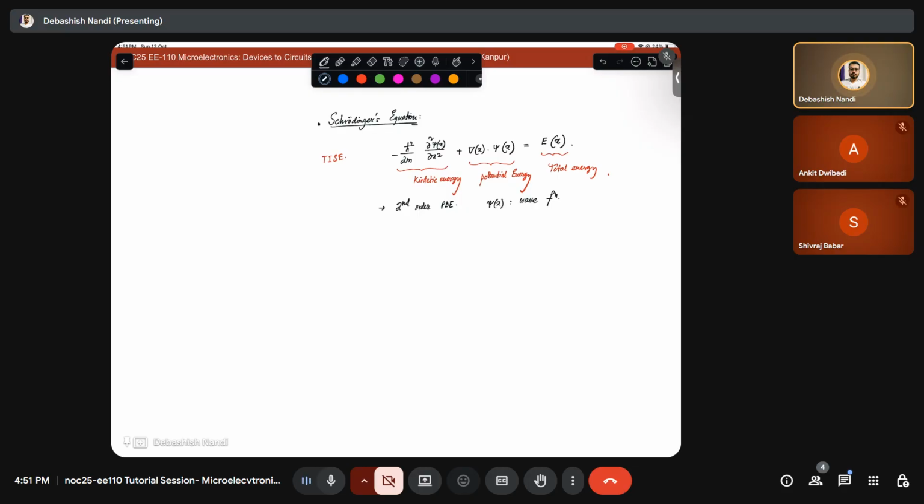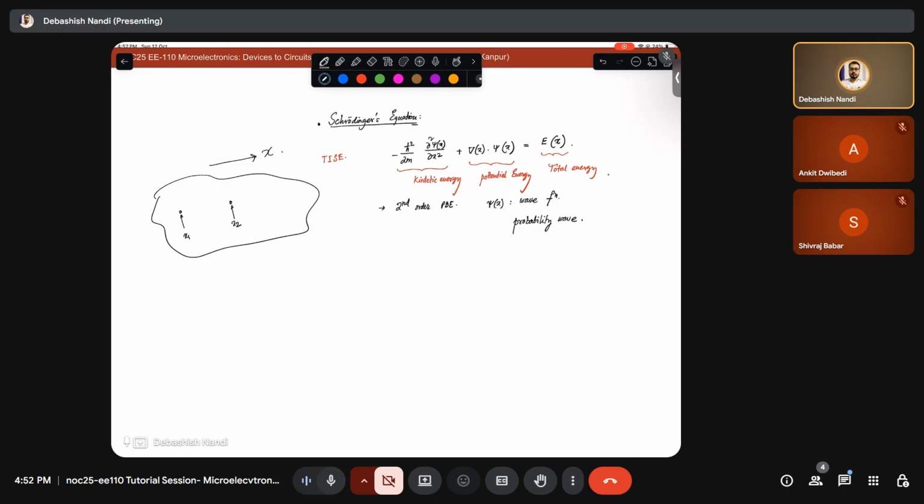So what is a wave function? It is a probability wave. It is just an abstract concept. Suppose I have some space, this is the x direction. The probability of finding an electron at x1, and the probability of finding an electron at x2.